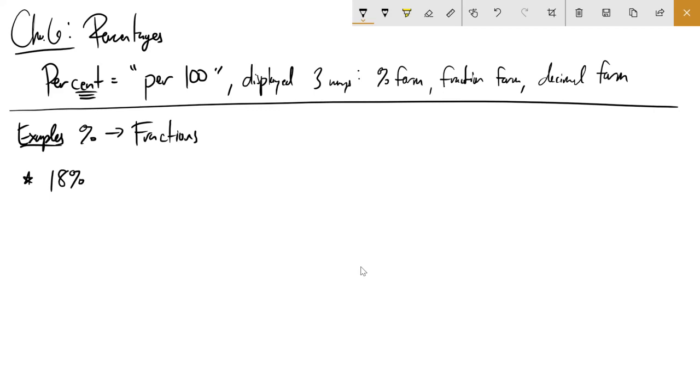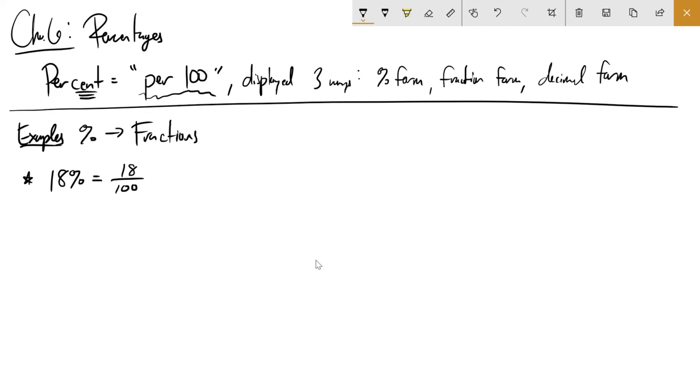It's less than half, it's less than a quarter. Converting percentages to fractions is actually pretty straightforward, because of the definition. The definition is per 100. So 18% literally means 18 per 100. And so when you're converting a percentage to a fraction, you literally just take the number and put it over 100. That's it. So 18% is the same as 18 out of 100.